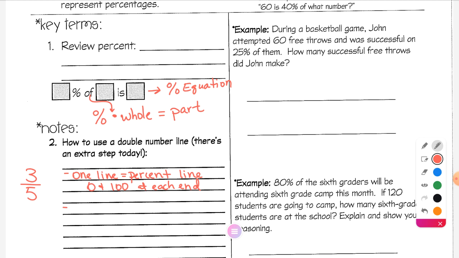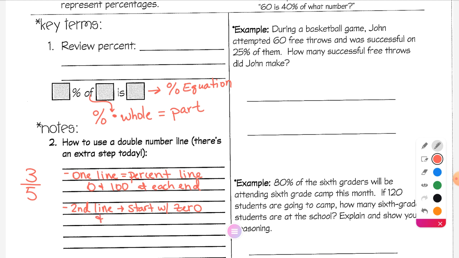The second one, the second line, what do you think it's going to start with? On our other double number lines, what do we always start with? 0. Second line, start with 0. Start with 0.